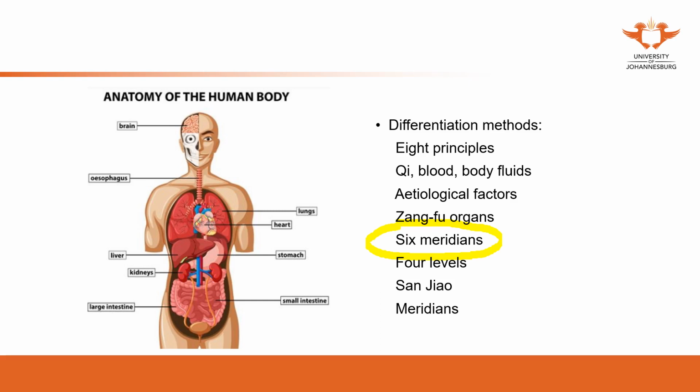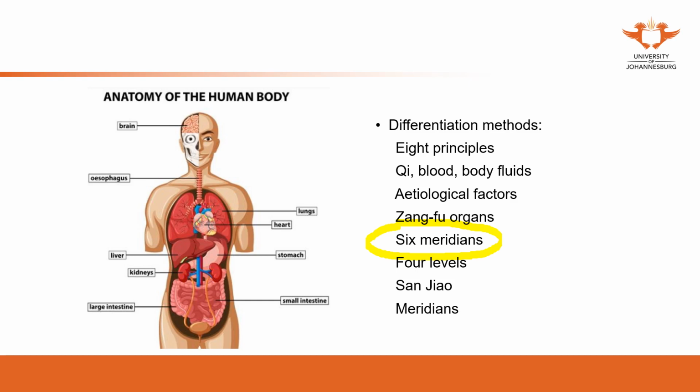We can also use massage, which can also create heat. So if you diagnose a patient with a Shaoyin syndrome, we can use the needle, massage, or other methods which can create heat to benefit the patient. So that's why we're going to study the six meridians.